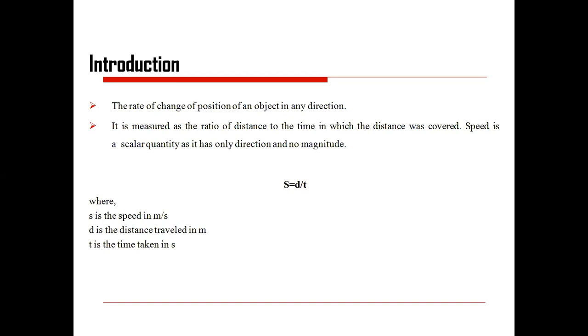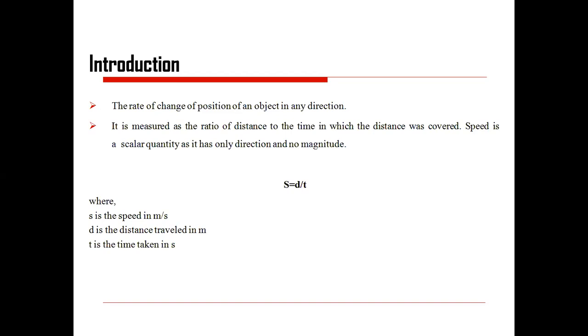Here I have already specified that S is the speed, with the unit meter per second. D is the distance traveled either by a vehicle or a human, in meters, and time is the time taken to cover that particular distance. So it is measured as a ratio of distance to the time in which the distance was covered.